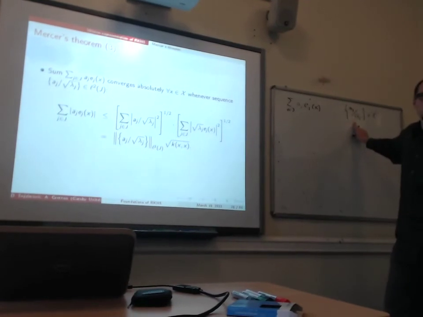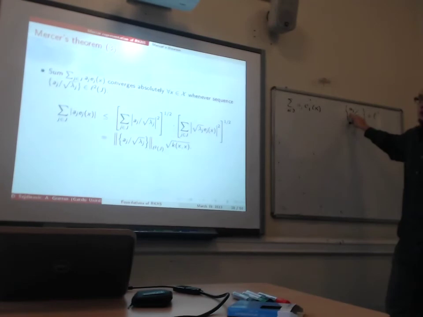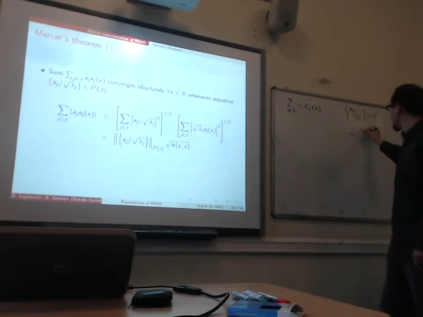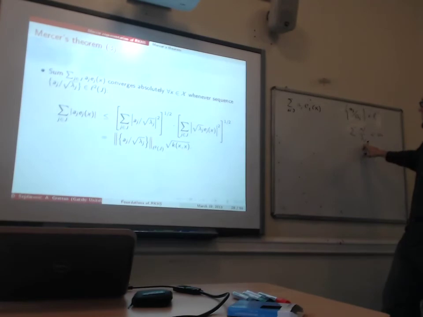This is a much stronger restriction than saying that the aj themselves are square summable, because remember that lambda j are scalars that go to 0. So for this sequence to converge, with the denominator going to 0, aj has to drop to 0 even faster.